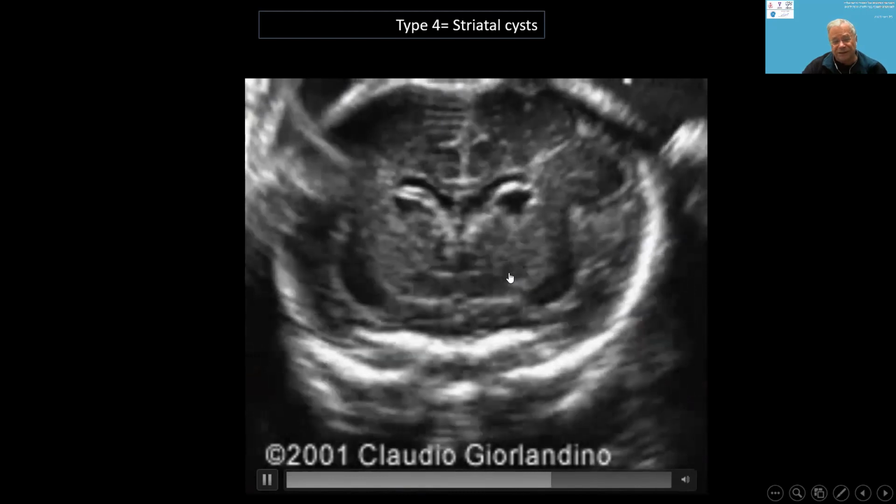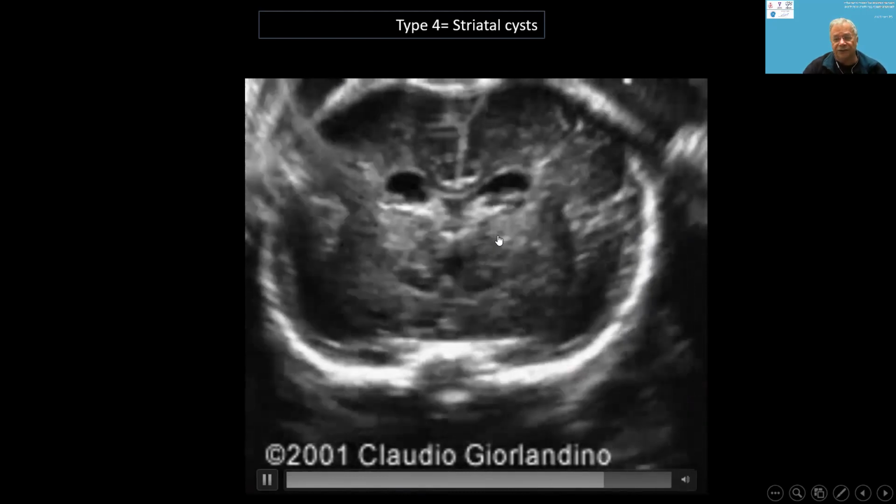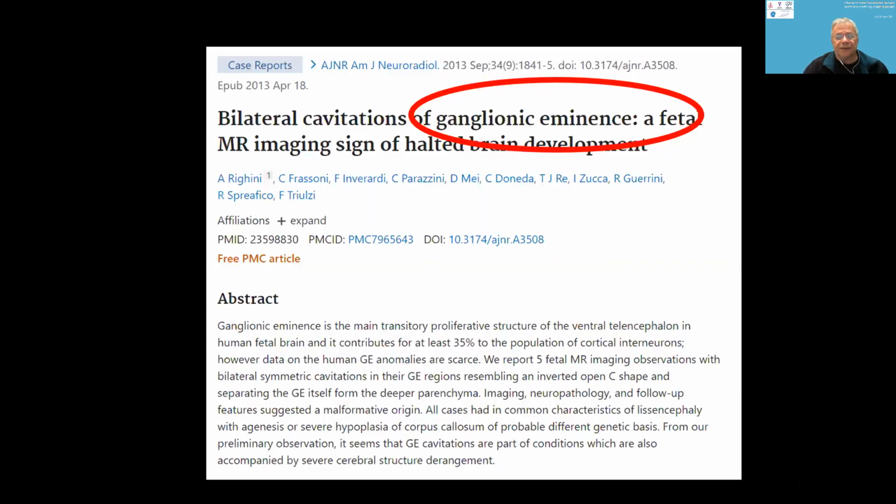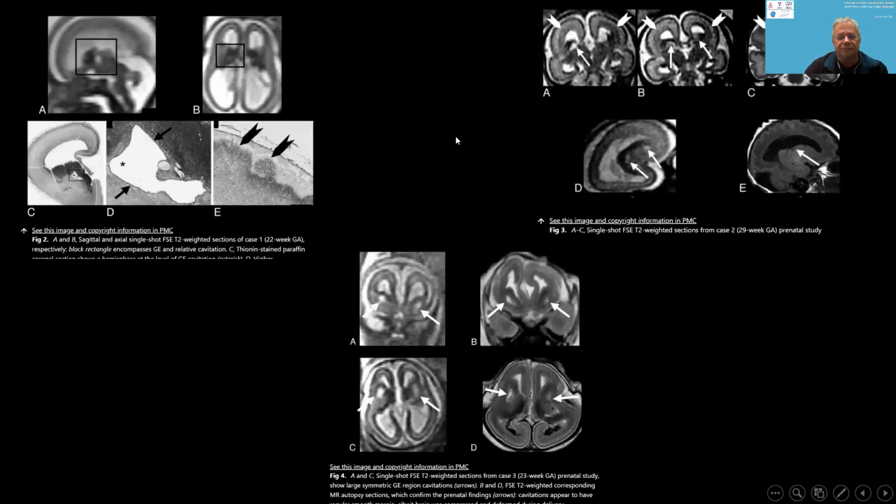Since then, I have called this cyst a striatal cyst. It's another name, but the more appropriate name is the ganglionic eminence cyst, which was first described in fetuses by fetal MRI by Regini from Italy, and he described these cysts.